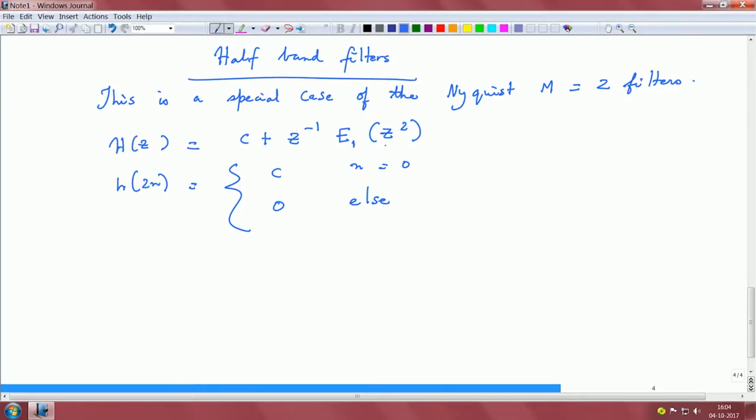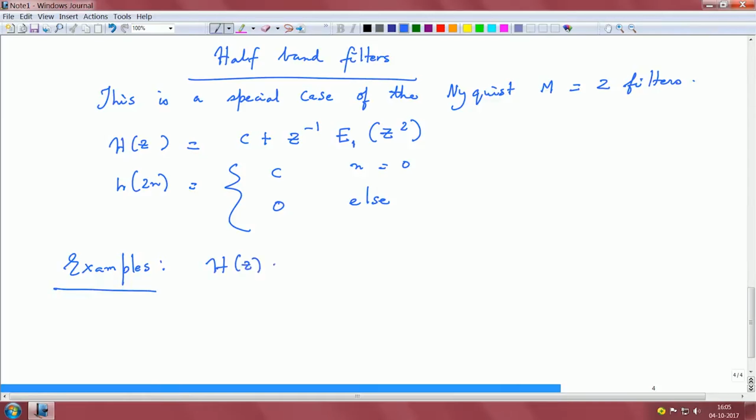You have z square, z power 4, z power 6 or z power minus 2, z power minus 4 if you want to bring in negative powers, and therefore, this is going to be odd because you have a one delay component outside. So, basically the even component is c when n equals 0, and 0 otherwise. It is a special case of the general Nyquist M filter. There are plenty of examples for such filters and let us go through some of them.